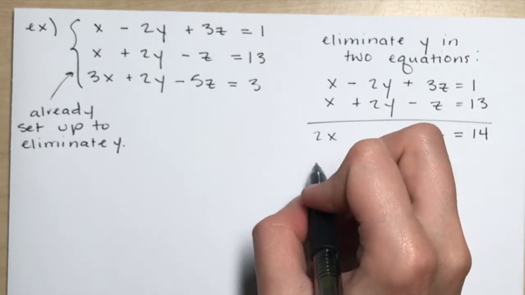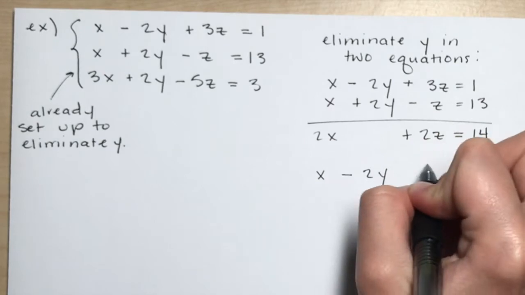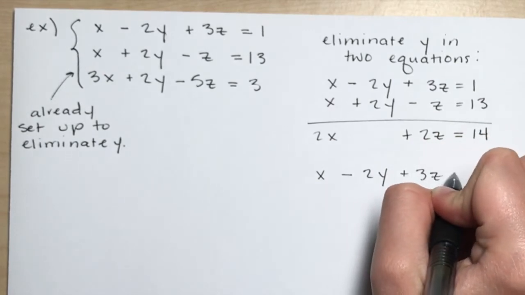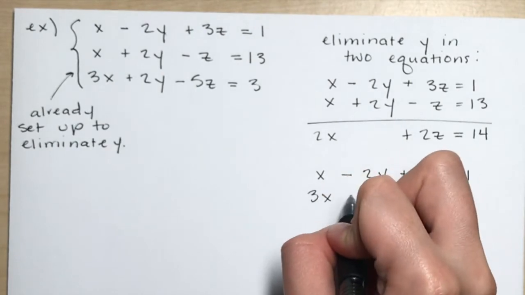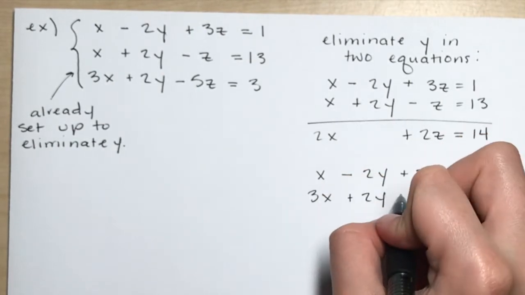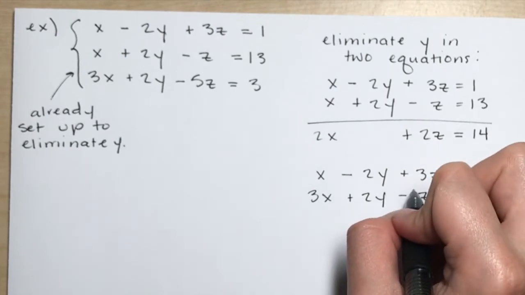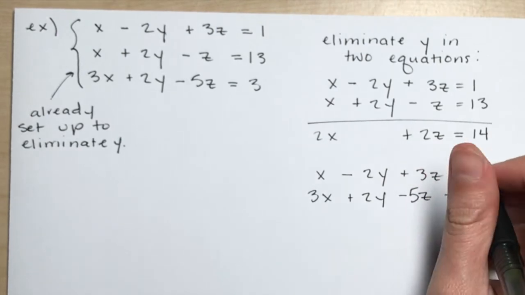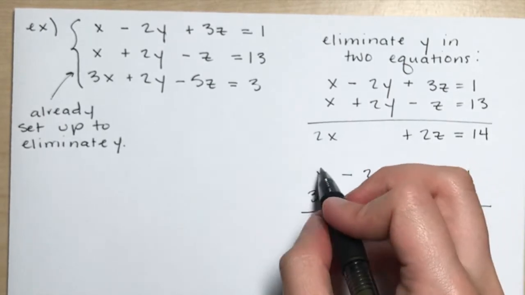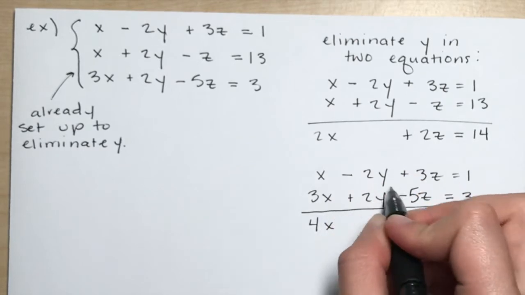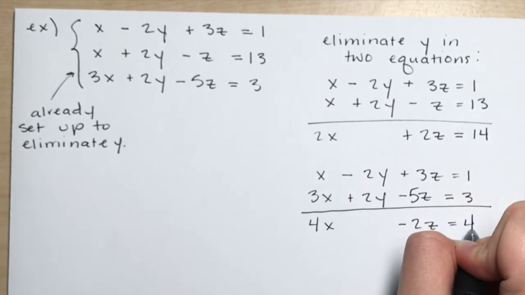Can do the same thing for the last equation. We've got 3x plus 2y minus 5z equals 3. We add these guys together, we get 4x plus 0 minus 2z equals 4.